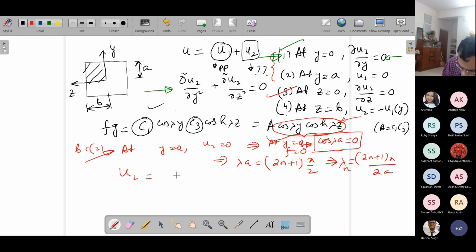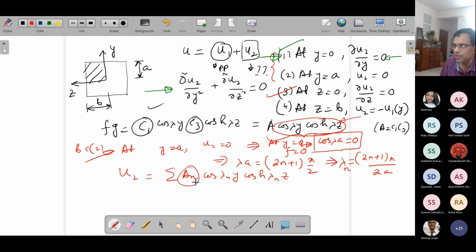That means we can write the solution in the form, this is just the linear superposition principle, that all the solutions with n values of lambda summed up together with some coefficient also become the solution.